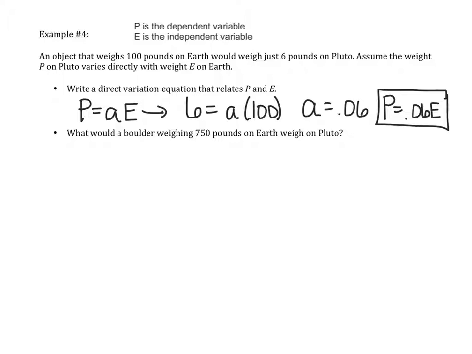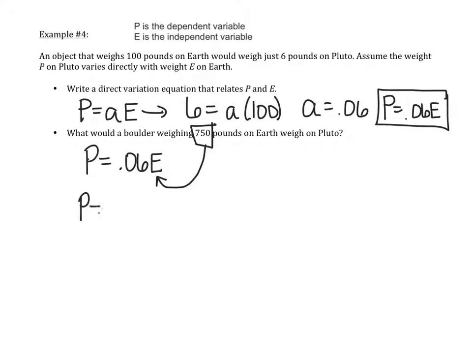So I just had to use the given information to be able to solve for the constant of variation. Now using that equation, the next question is, what would a boulder weighing 750 pounds on Earth weigh on Pluto? So again, we're going to take our equation that we found in the first part, P equals 0.06 times E, and I'm going to substitute this 750 in for E since that's the weight on Earth.